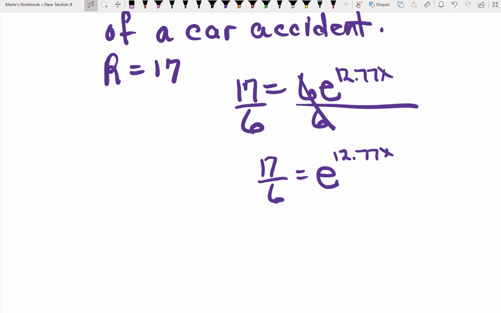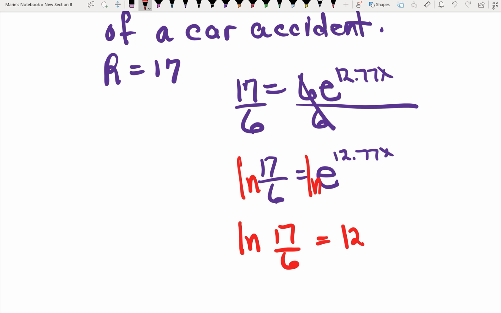Remember, we're solving for x. What you do when you have these situations that there is no other way to go but to take the natural log of both sides, you are left with the natural log of 17 over 6 is equal to 12.77x. Remember, that's because these two always cancel each other out, and that's what you're trying to do.